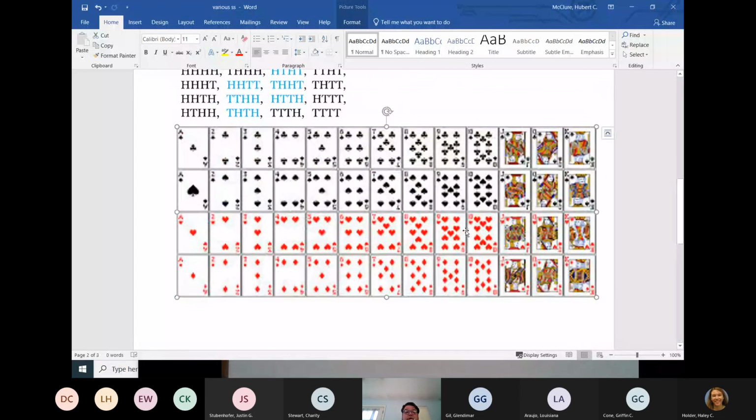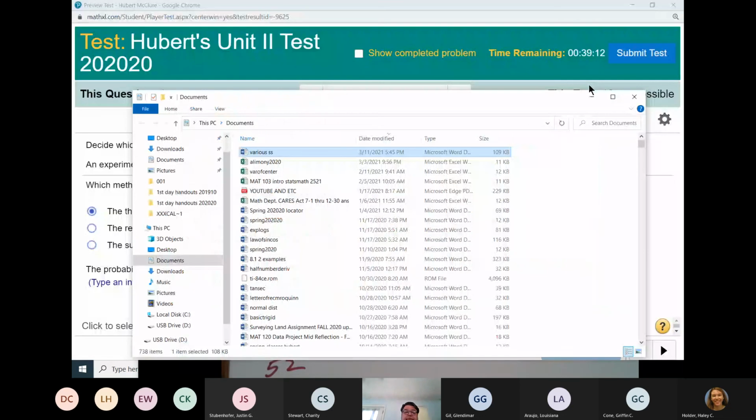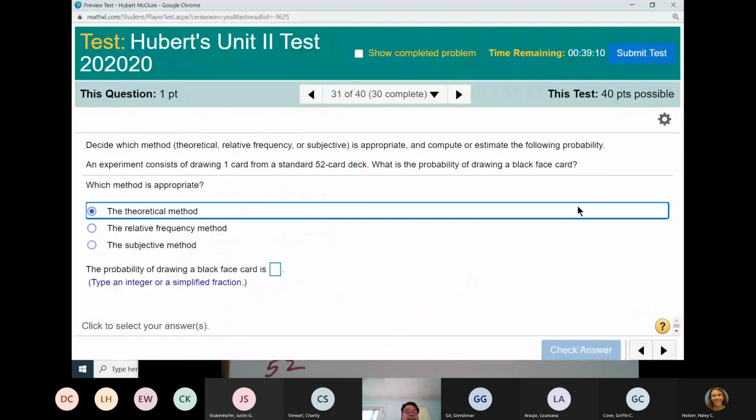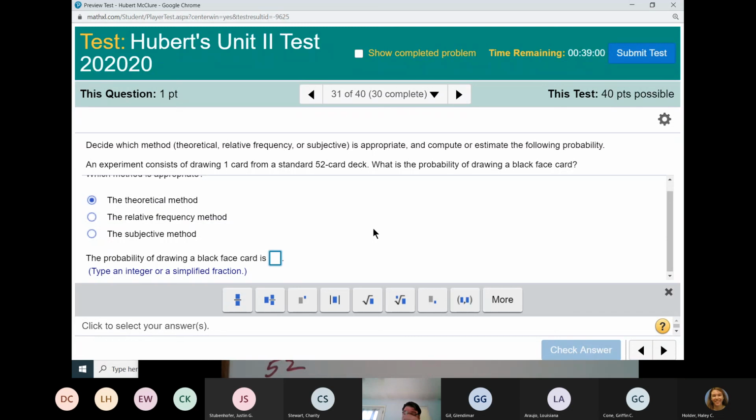How many black face cards are there? 6. Good job. So 6 black face cards out of what? 52. And it says type as a simplified fraction. So that's going to be 3 over what? 26? I don't know what that can be, but I'm just going to put 3 over 26.